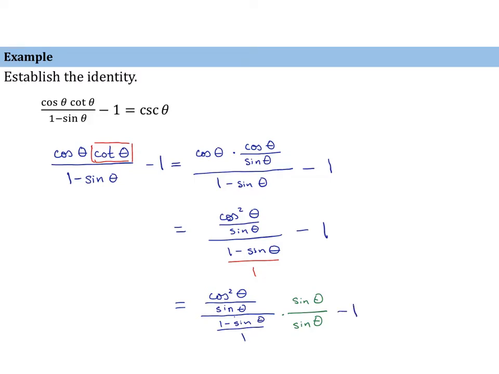And don't forget the minus 1 that we're carrying down. So now this yields for us cosine squared of theta over 1 minus sine of theta times sine of theta minus 1.